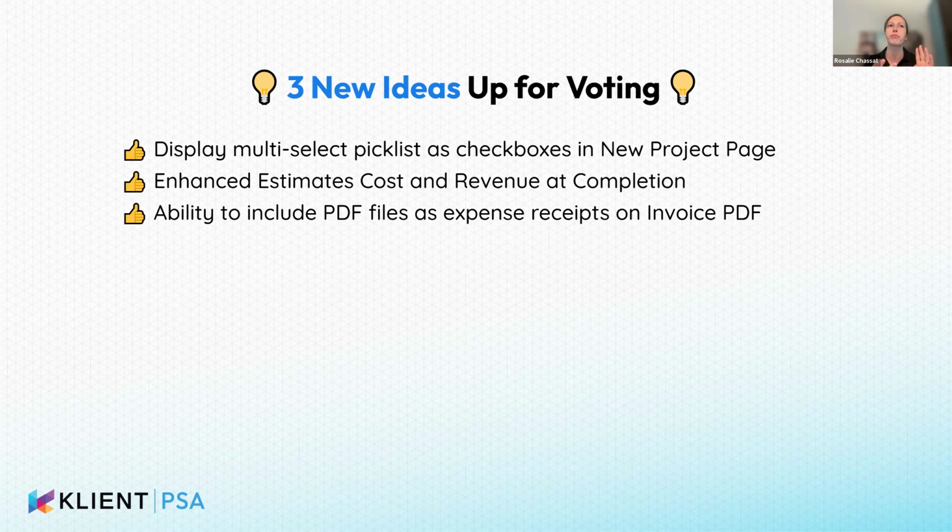So that's one. The second one, enhance estimates cost and revenue at completion. Maybe Yanick, you want to talk a little bit about that one? Those 2 fields, estimated cost at completion and revenue at completion, are calculated based on scheduled hours only and scheduled revenue only, and didn't take into account the time logged.